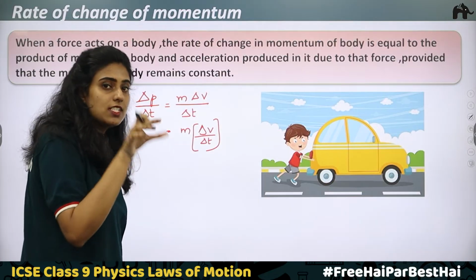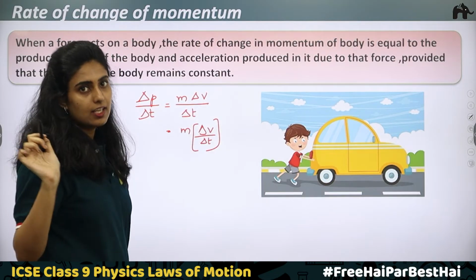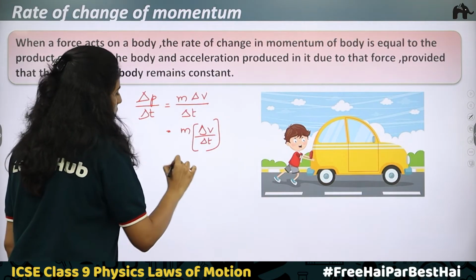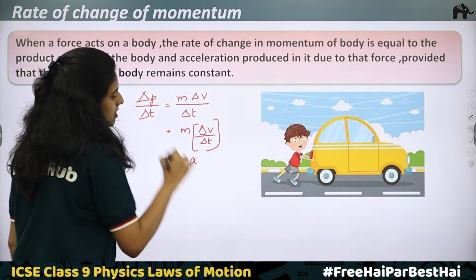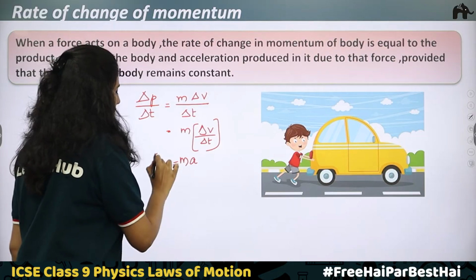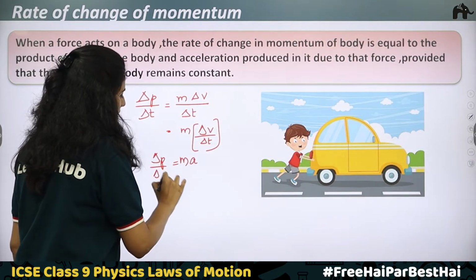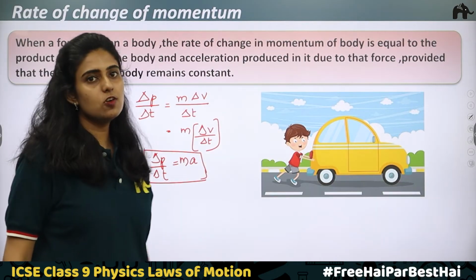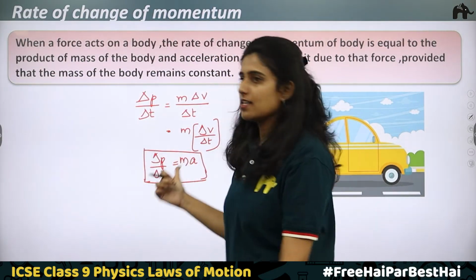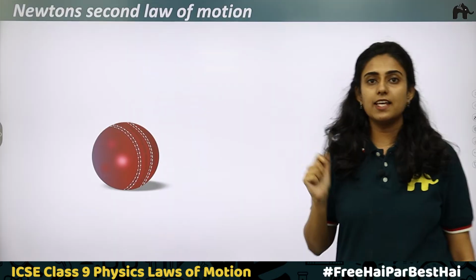Change in velocity by change in time is acceleration. So, mass into acceleration is delta P by delta T. Rate of change of momentum is equal to the product of mass and acceleration. This is Newton's second law of motion.